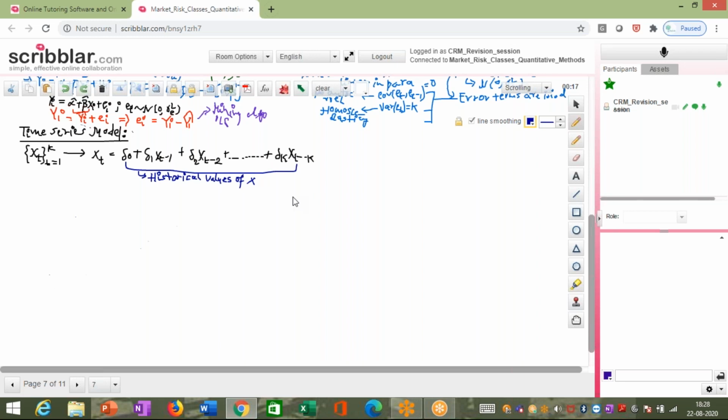Now, when I'm looking into these historical values of X, the question that comes up is: is it only the historical values? The answer is no. You can have shocks, or historical random shocks, the impact of which has also stayed in the prediction series.